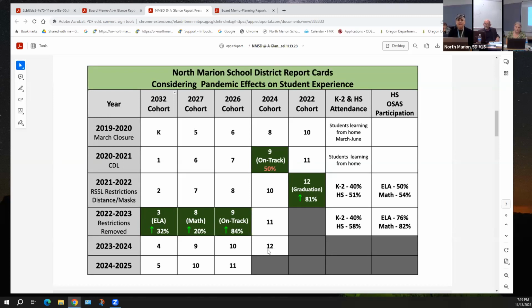The other thing that is part of the report card is attendance. And we wanted to specifically call out our attendance rates on here because our attendance rate overall for the district is an average of all of our schools.